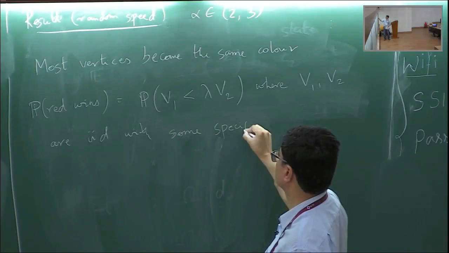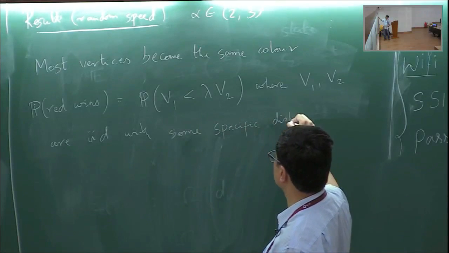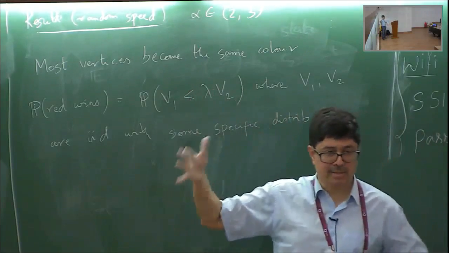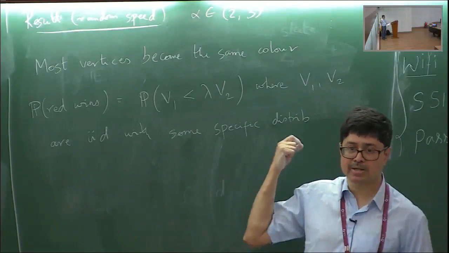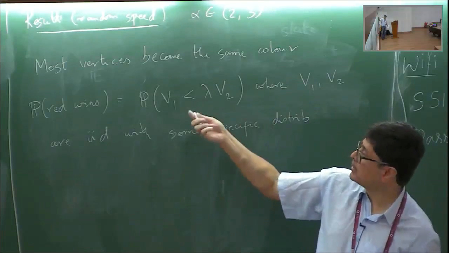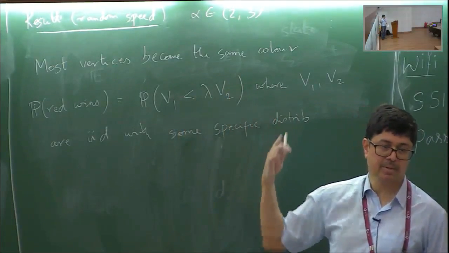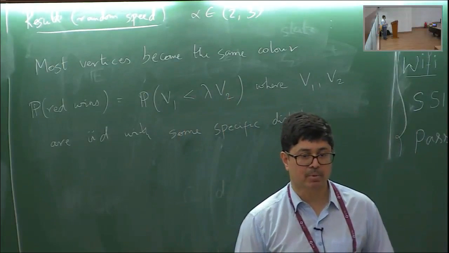Okay, we don't care what it is, but there's some random variable. So you take two realizations of the random variable. So the faster one has a bigger chance of winning, but still it's random who wins.